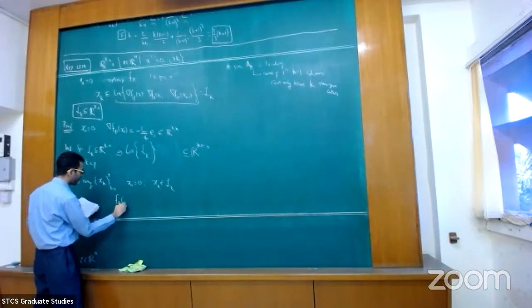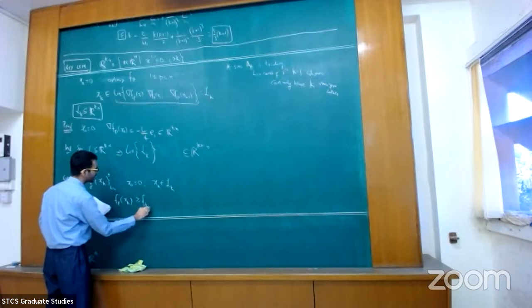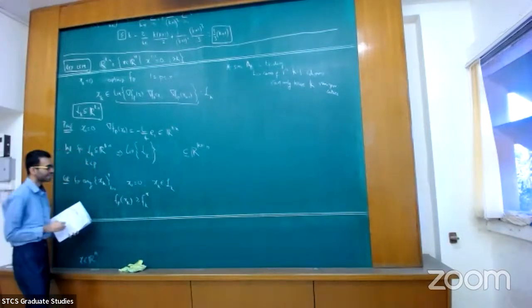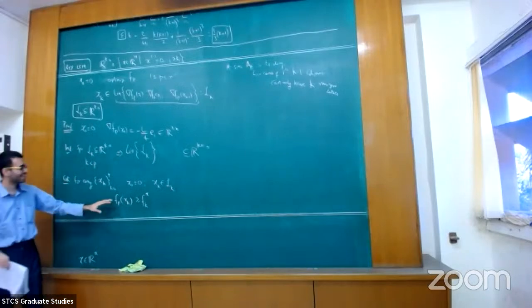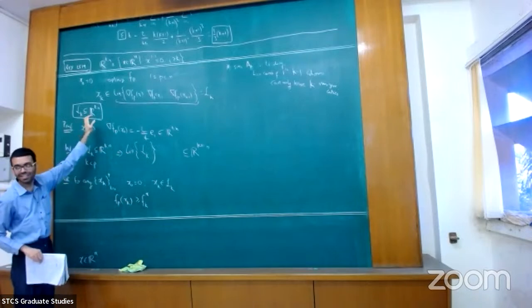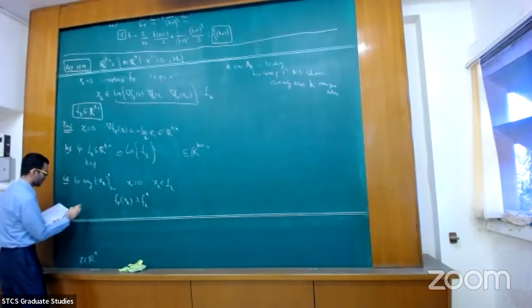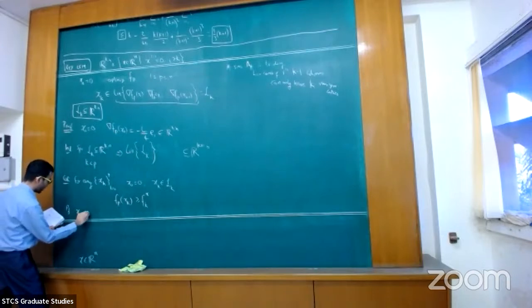We must have that f_p of x_k can never be less than f_k star. This is completely obvious. See why? Because x_k lies in R_k.